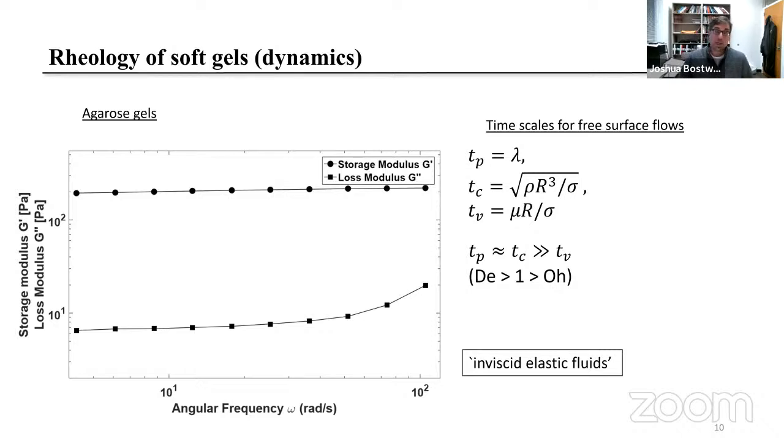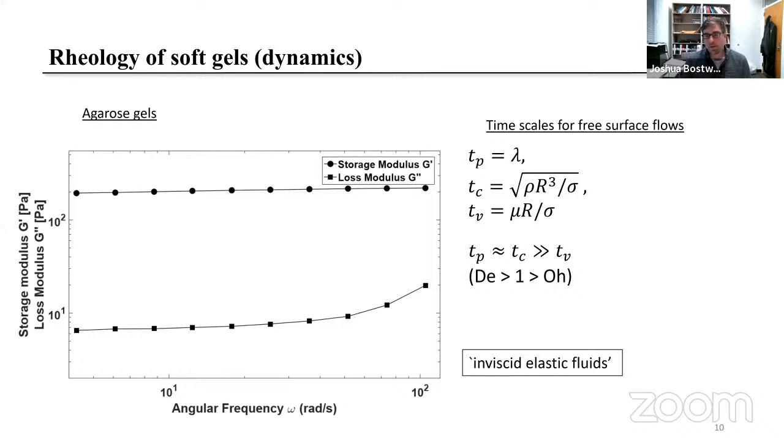Agarose gels are tunable, which just means that you can tune their elasticity by changing the concentration of the polymer you add to the solution, which is nice. The second thing that's nice is that agarose gels typically have a storage modulus that's at least an order of magnitude, typically 2 orders of magnitude, greater than the loss modulus.